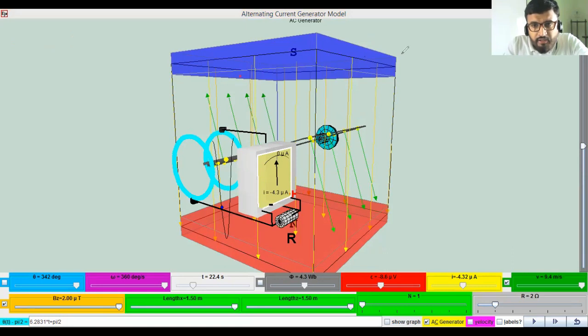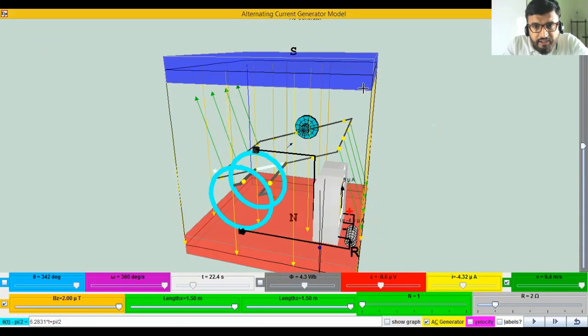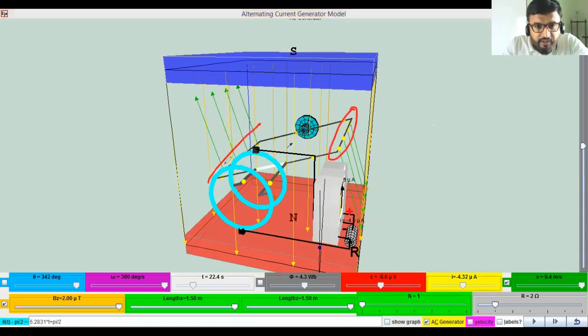Because if we try to see this wire, let us assume this wire was initially at this place. The velocity vector was in the upward direction, but now the velocity vector is in the downward direction. So the direction of current will get changed, and it also means that the positive terminal of the generator will start to behave as a negative terminal because of the flip in the velocity vector.